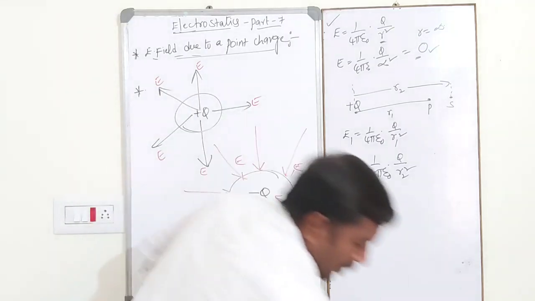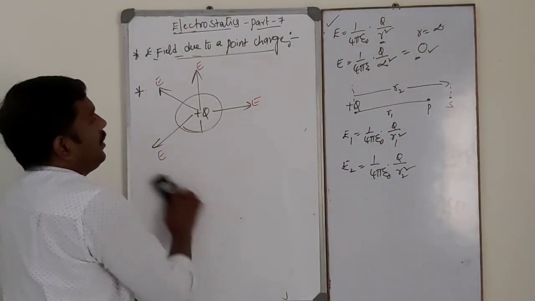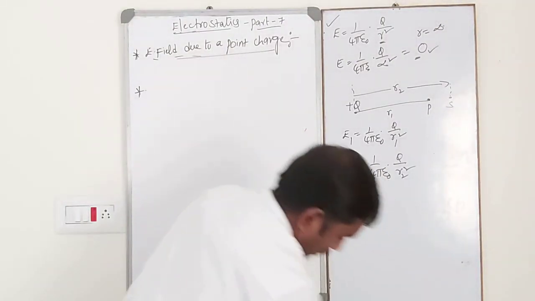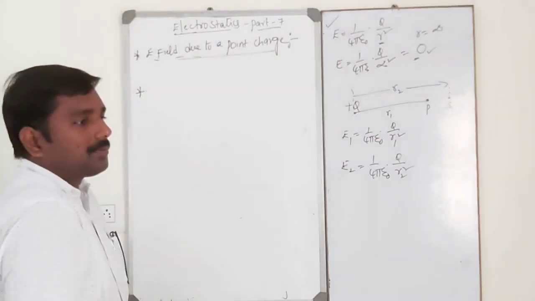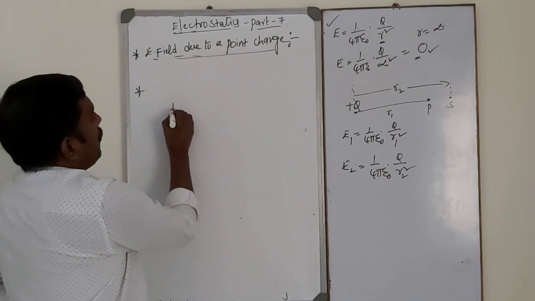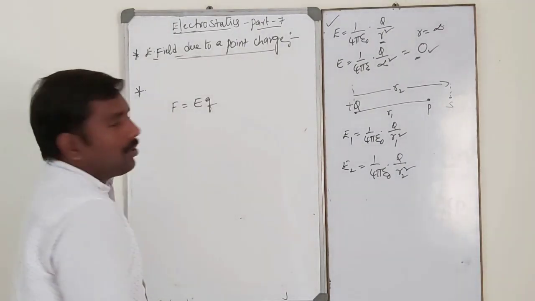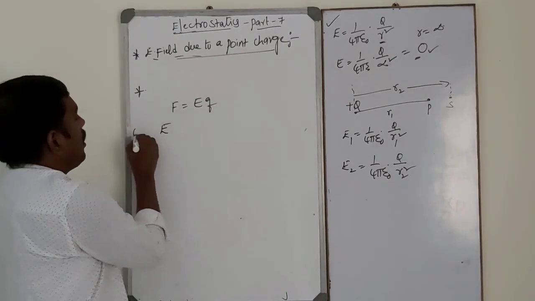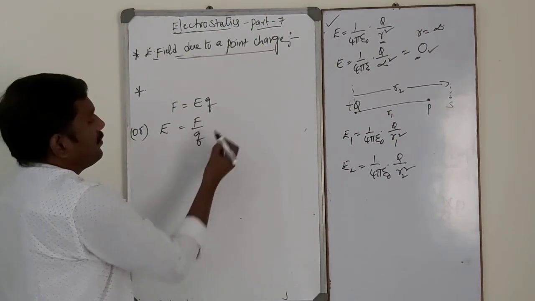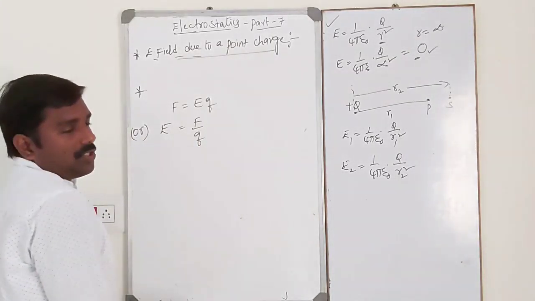Okay, students. See, F is equal to EQ, or E is equal to F by Q, force per unit charge.